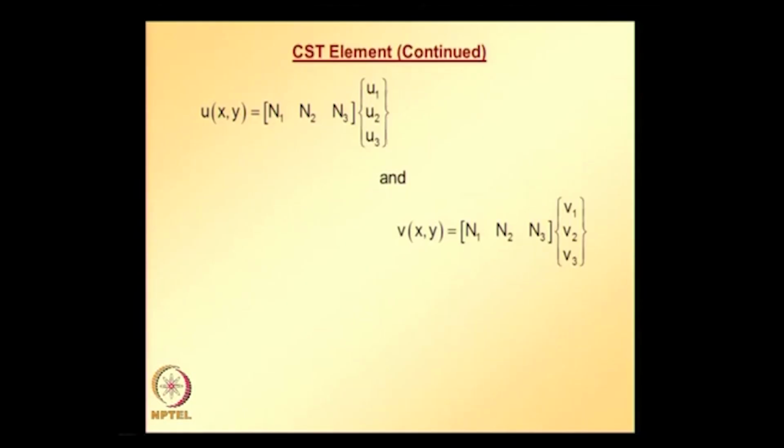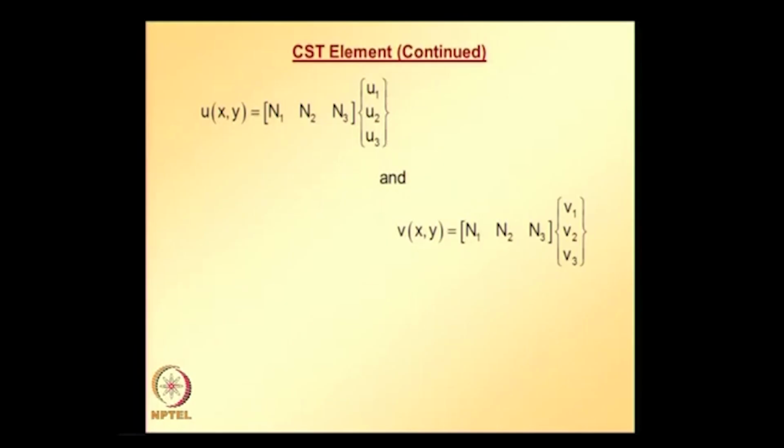And if you carry out the multiplication, we indeed get what I mentioned a while ago, that is u is equal to N1 u1 plus N2 u2 plus N3 u3, v is equal to N1 v1 plus N2 v2 plus N3 v3.